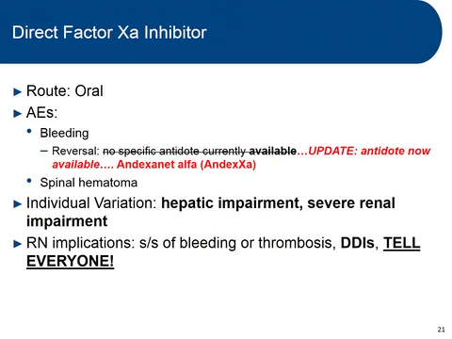It's given orally. Just like the rest of the anticoagulants, bleeding is our major concern. Currently, there is no specific antidote available for this drug. However, there are several drugs under development that probably will be coming out in the next couple years, I would guess. So ultimately, there will be a reversal agent for this drug.